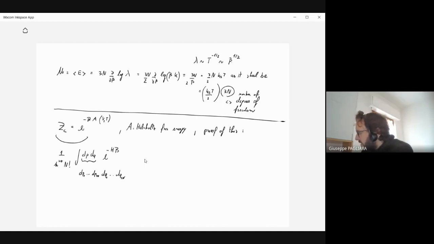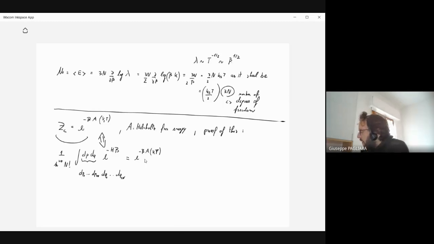And I'm saying that this is equal to e to the minus beta times A(V,T). So what I wrote here is written there.